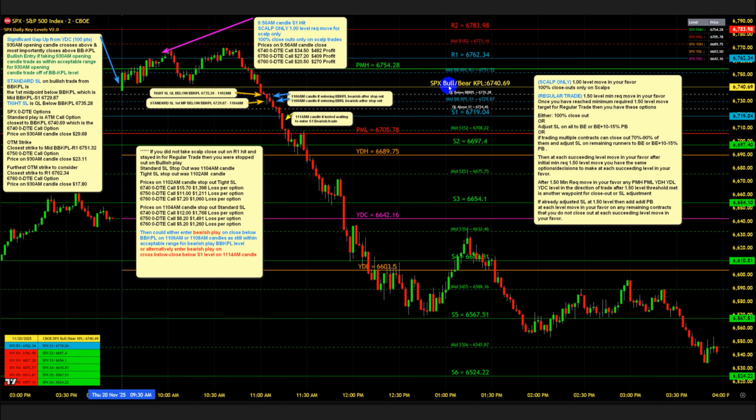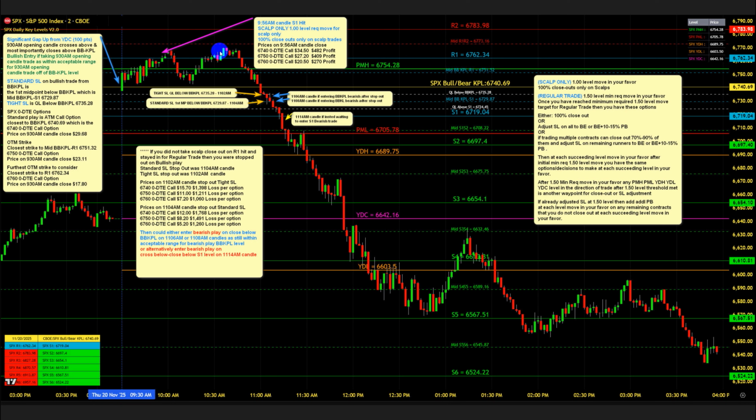The direction of the trade is up since it's a bullish trade. One full level up from this is R1, so that is your one level move in your favor, whereas a 1.5 level move in your favor would be the next midpoint level above R1. So this is one level, this is 1.5 levels, and for example R2 would be 2 levels from this level.